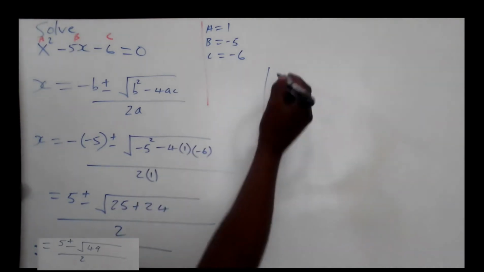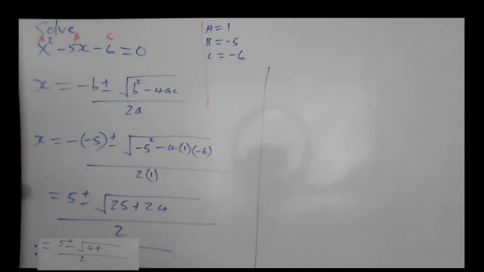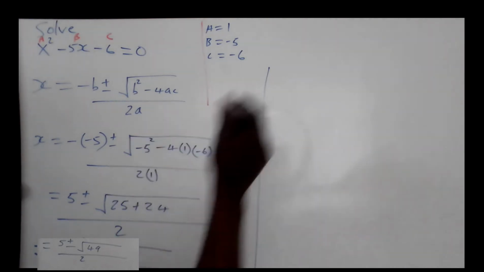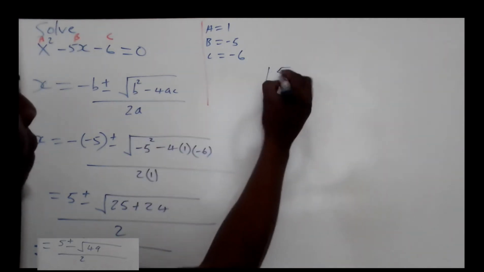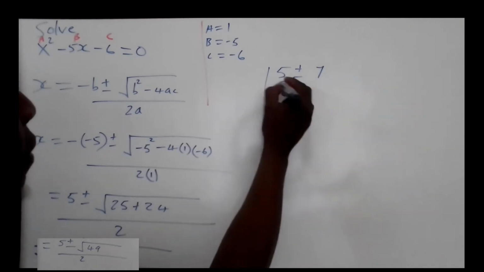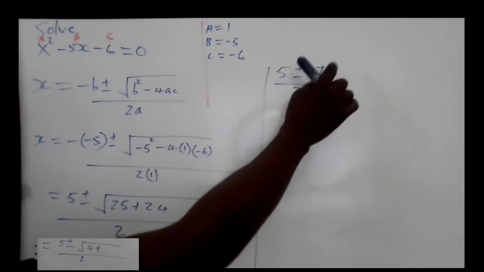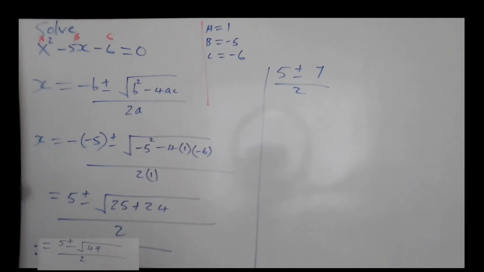Therefore, when you square, the square root for 49 is 7, so we can write 5 plus negative 7 over 2. See that? So 7 times 7 give us 49.